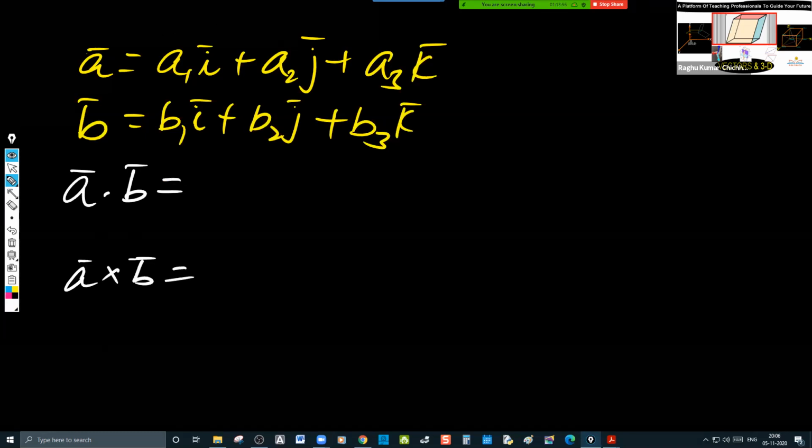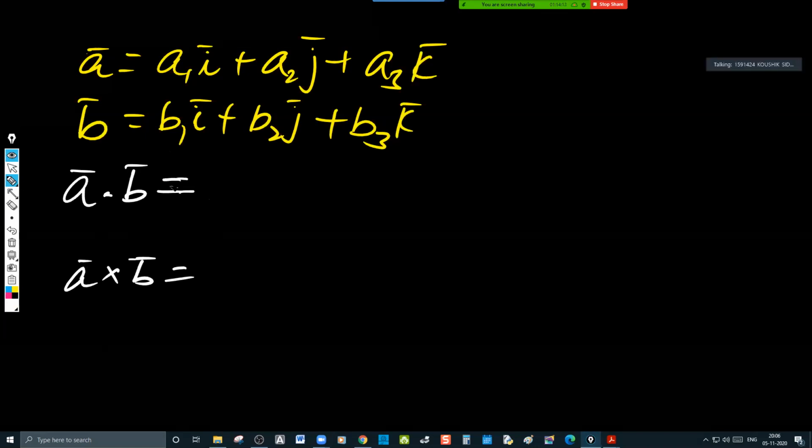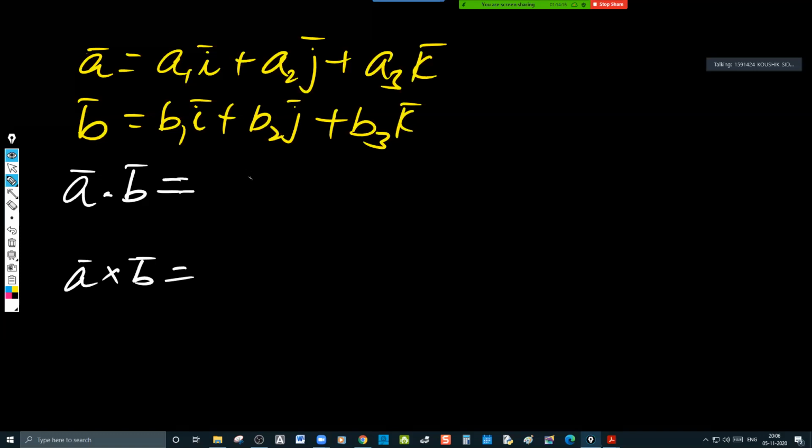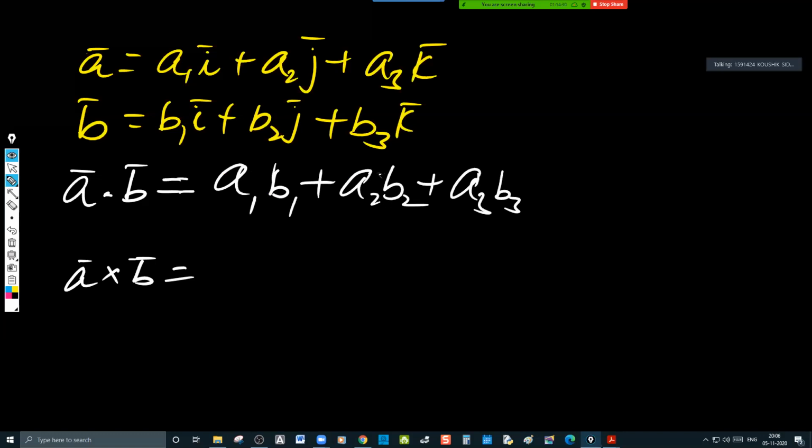Come on, any one of you, please respond. What is A dot B? It is also said to be inner product. A bar dot B bar is A1 B1 plus A2 B2 plus A3 B3.